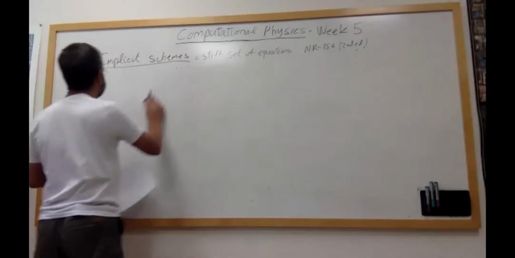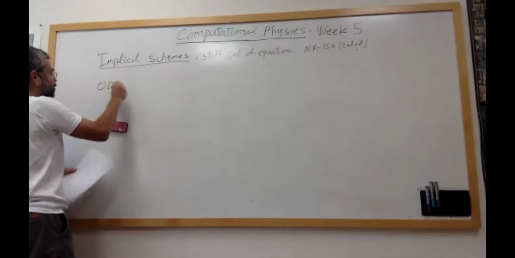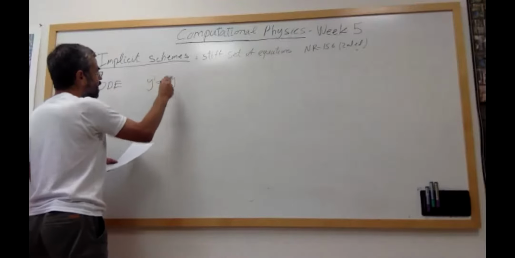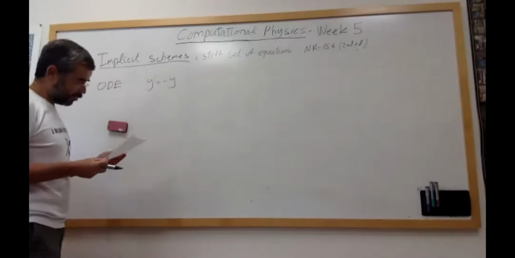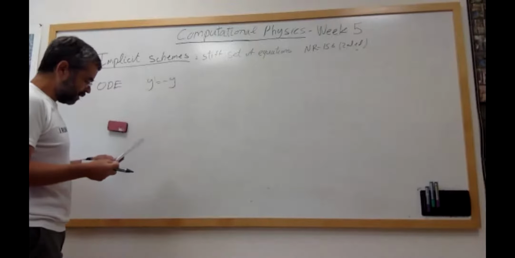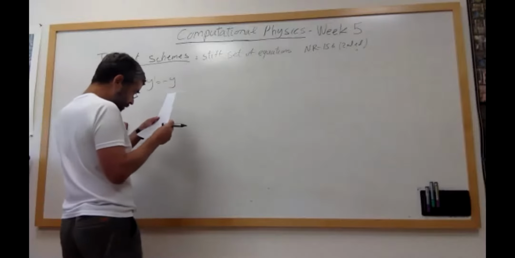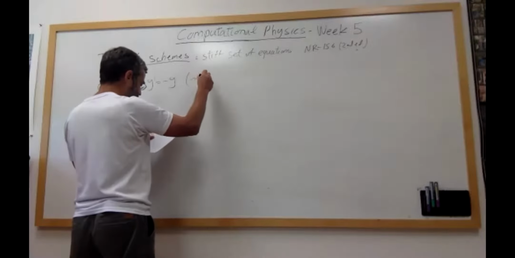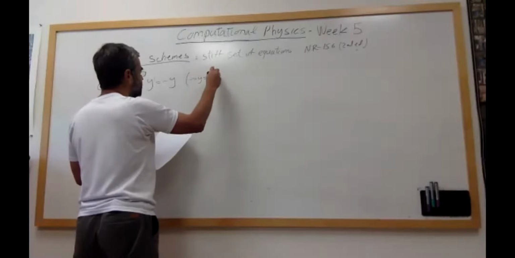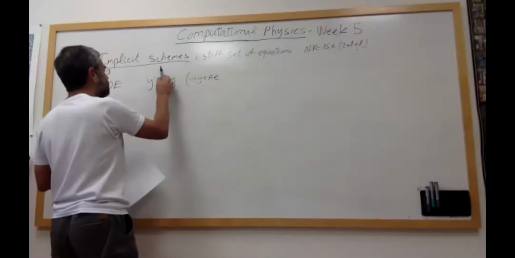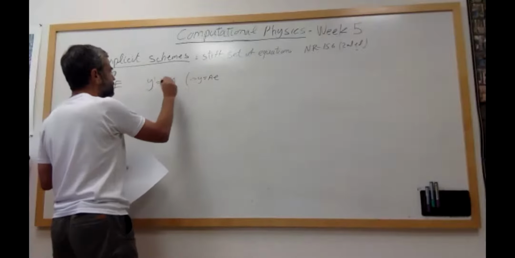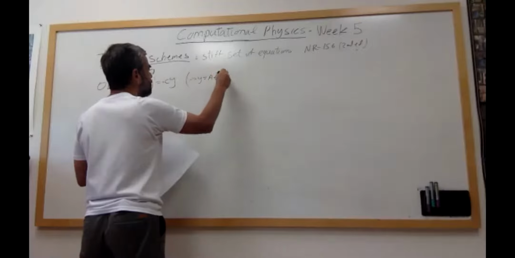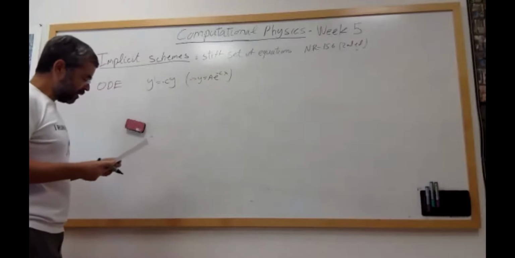Let's write it: y dash is minus cy. So again, it would be an exponential solution, so that leads to a solution that y is a e to the power of minus cx. So that's our analytic solution.